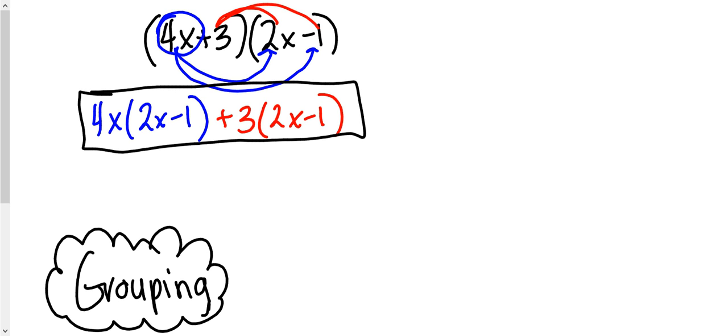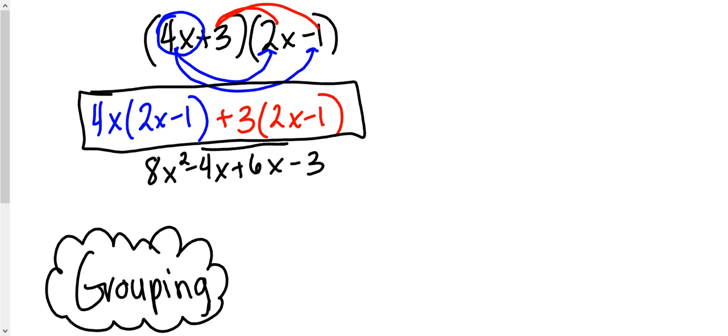Okay, so we're going to use this binomial to help us work backwards and factor. So let's go ahead and multiply out my binomials. And remember, all of these are equivalent expressions. We're just writing them in different ways. So I have 8x squared minus 4x plus 6x minus 3.